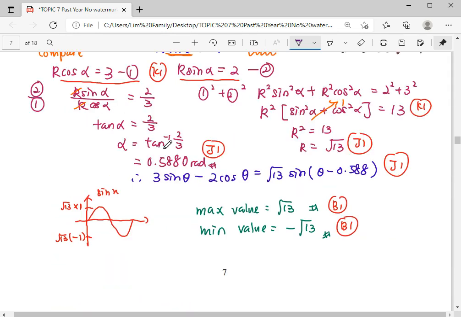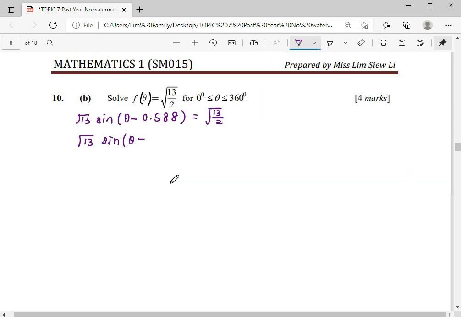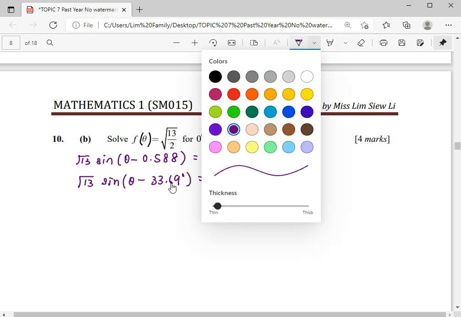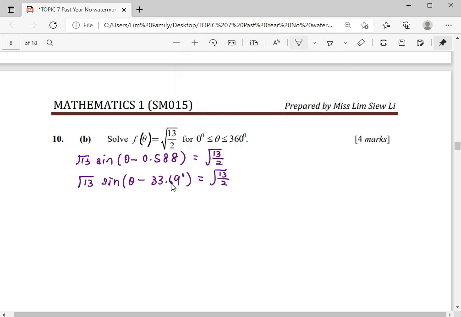We press shift tangent 2 over 3 to read back the degree angle, 33.69. So now we are in degree, in order to solve the trigonometric equation. To solve, we have to find out what our angle theta is.